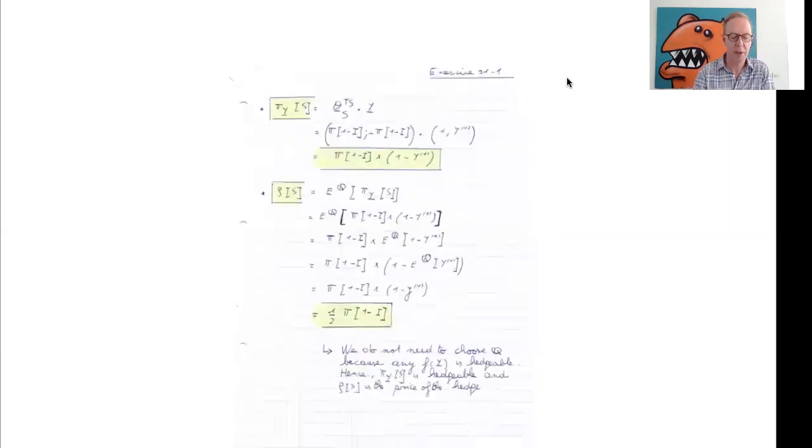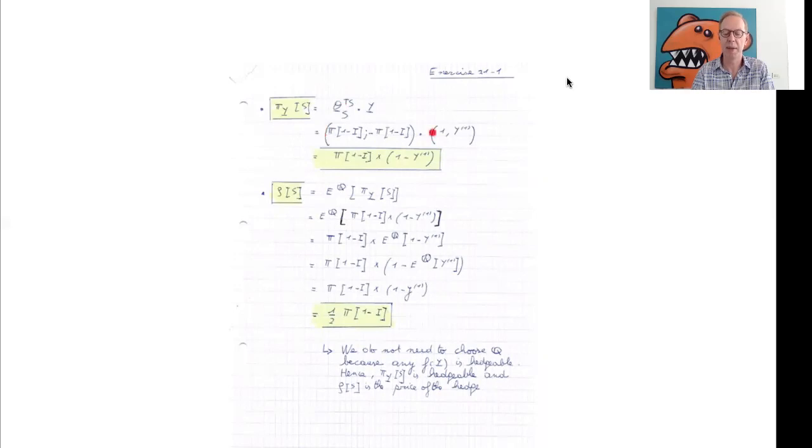Okay. Then further, we have that π_y(S), that's the conditional valuation of S, is equal to the time one value of the two-step hedge of S. This two-step hedge is equal to π(1 − I), minus π(1 − I).